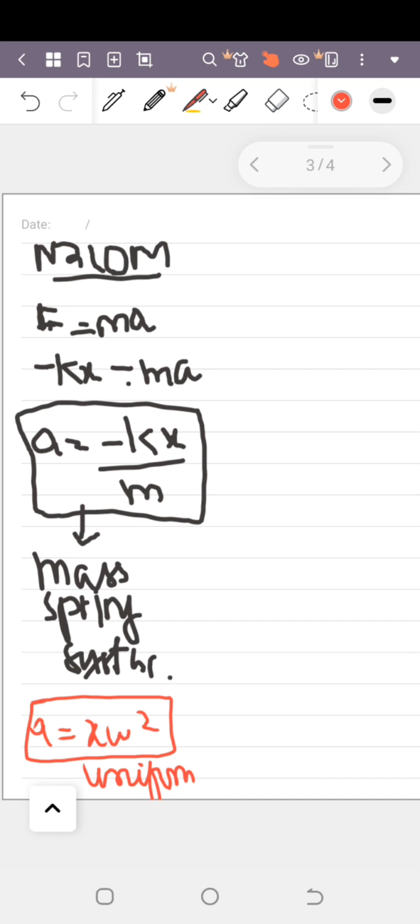Now let's prove whether this mass spring system will obey SHM or not.